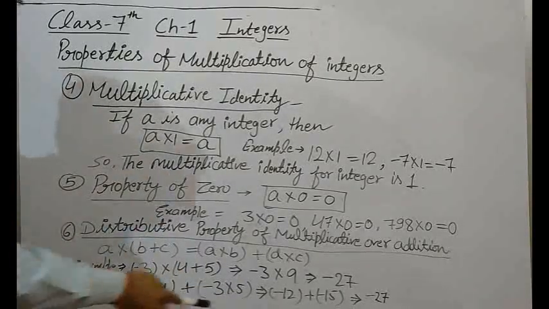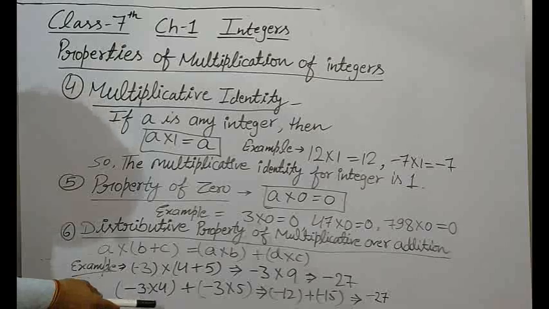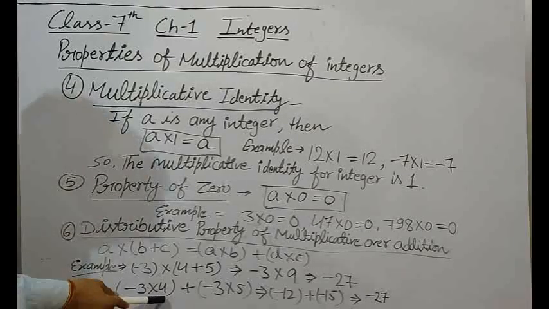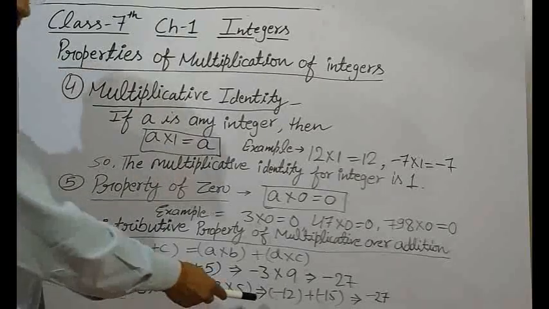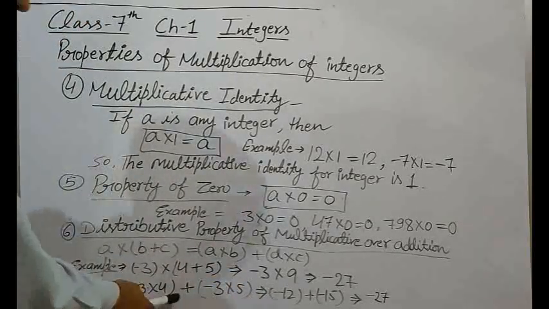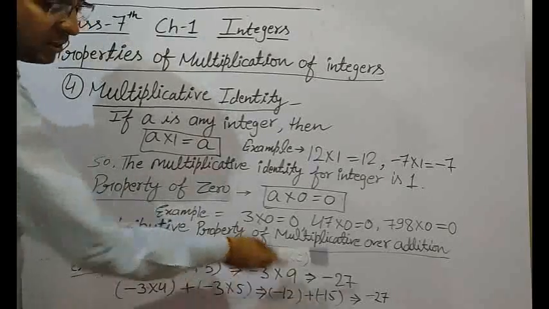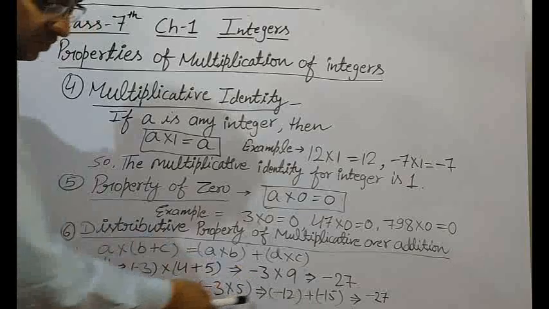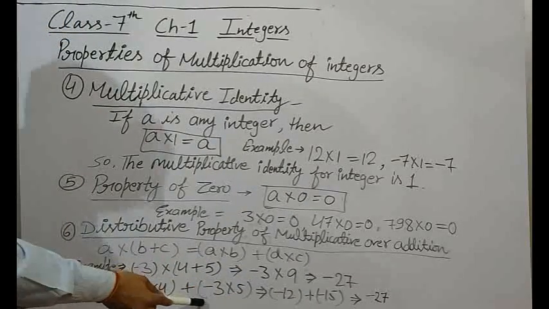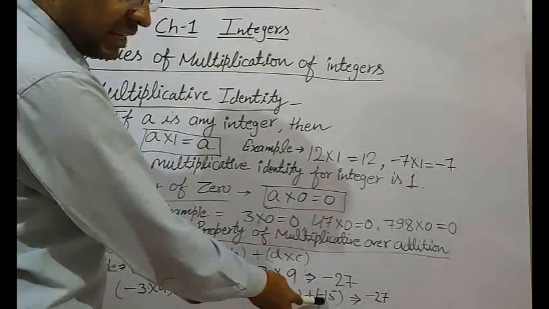We solve separately, putting brackets. -3 multiplied by 4 is equal to -12. 4 threes are 12. Here is minus, so we put the sign of minus. Here is plus, so we write plus. Now 5 threes are 15. We write 15. Here is a minus sign, so we put the sign of minus.